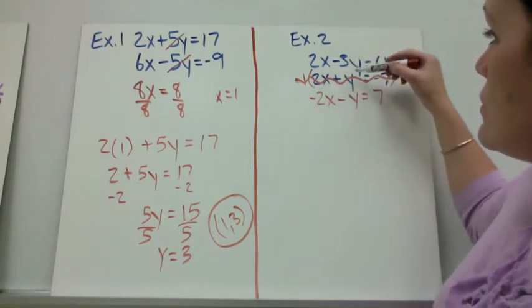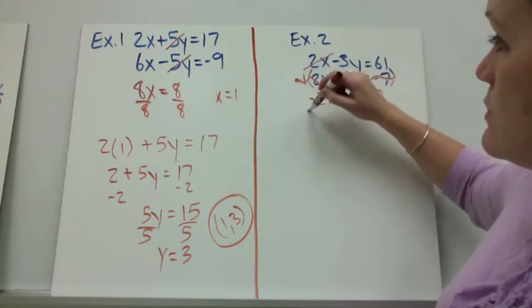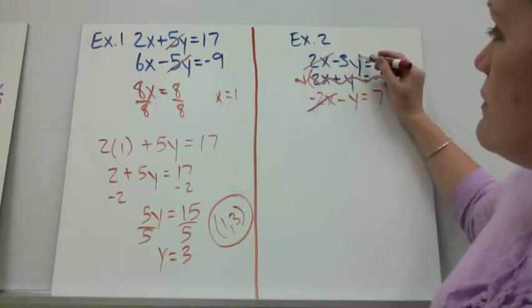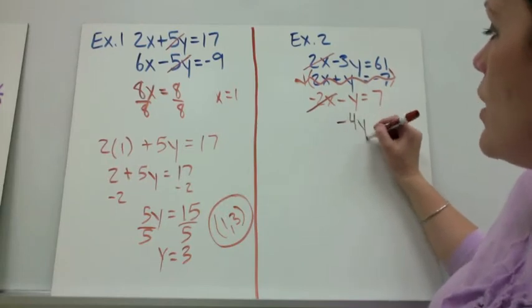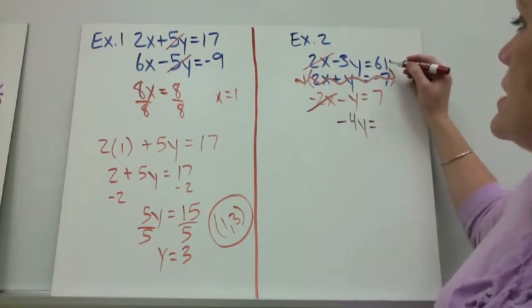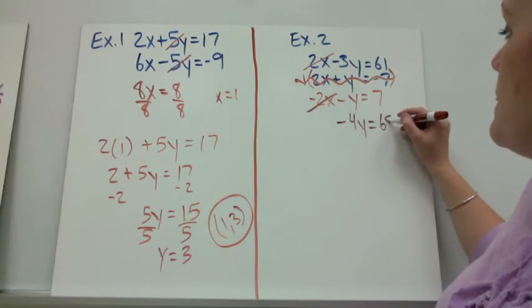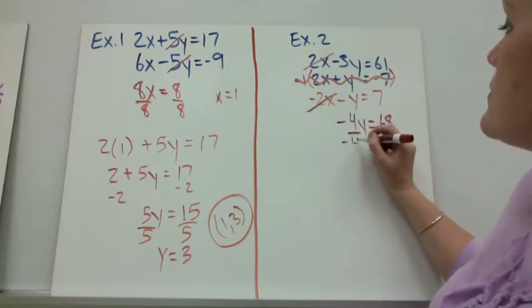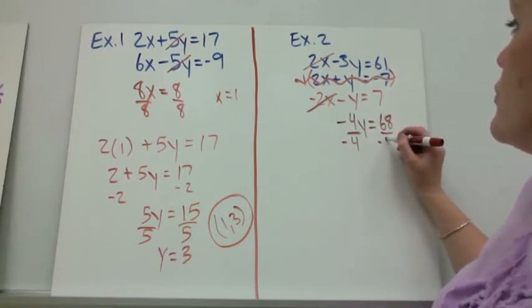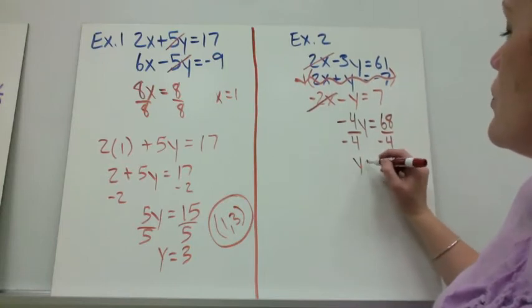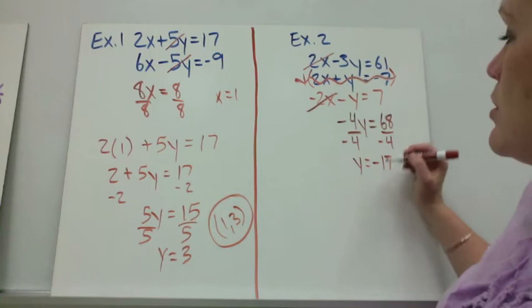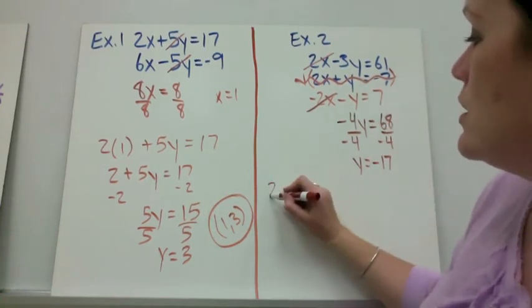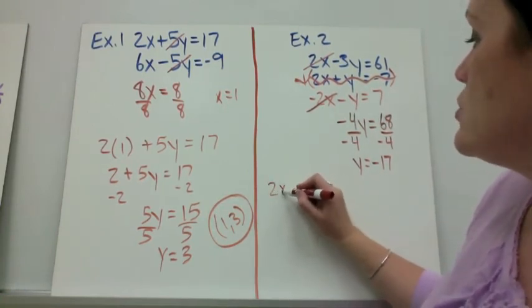And we can add the two together. 2x and negative 2x eliminate. We have negative 3y plus negative y, which is negative 4y, equals 61 plus 7, which is 68. If we divide by negative 4, we get y equals negative 17. Now we plug that into either one of the originals. I'm going to choose the first one.